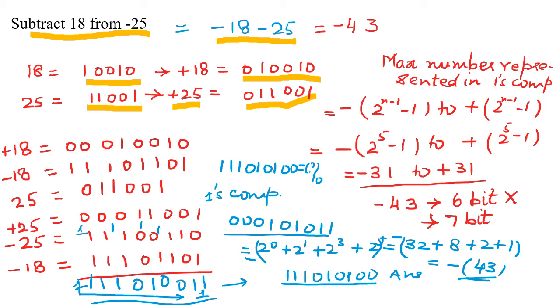Now the range that can be represented by a 6-bit number in one's complement form is minus (2 to the power 5 minus 1) to plus (2 to the power 5 minus 1), that is minus 31 to plus 31.